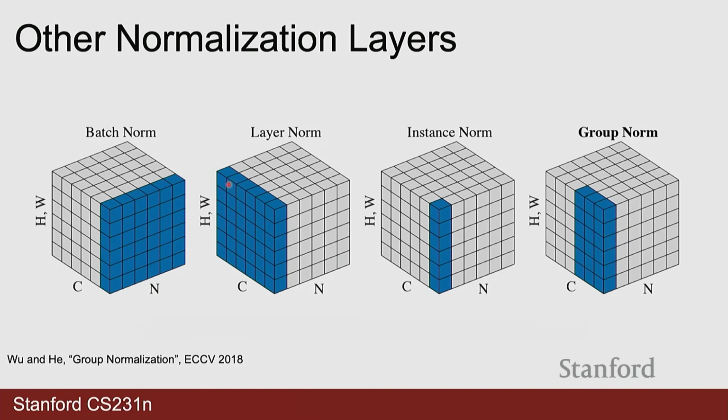For layer norm, I described the really simple case where we just have vectors that we're normalizing. But in the case of convolutional neural networks, we have the channel dimension or the depth, and the height and the width, or the spatial dimensions of the image. What layer norm does is for each sample, we're still processing it separately, and we're calculating the mean across all of the channels, all of the heights, and all the widths.